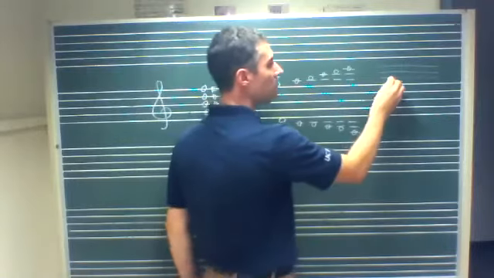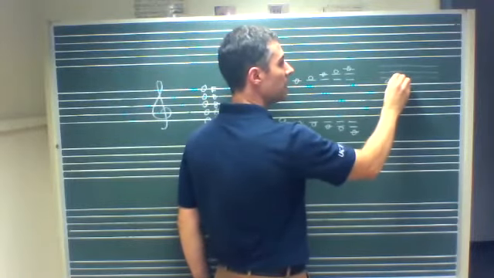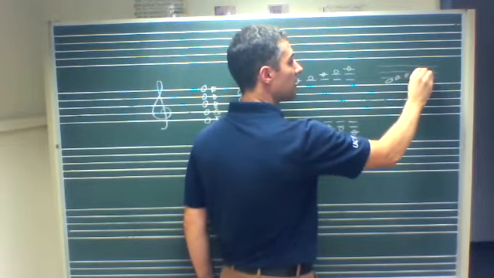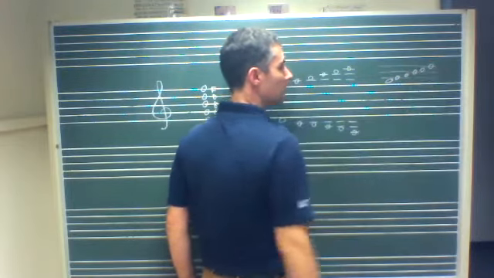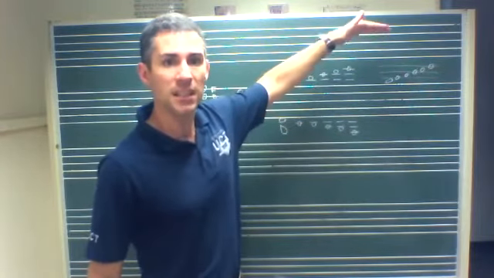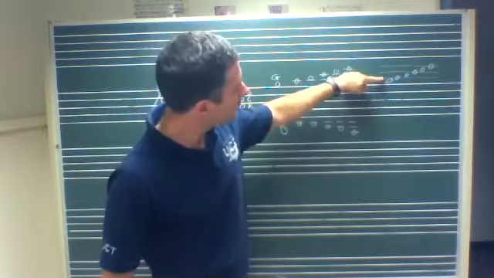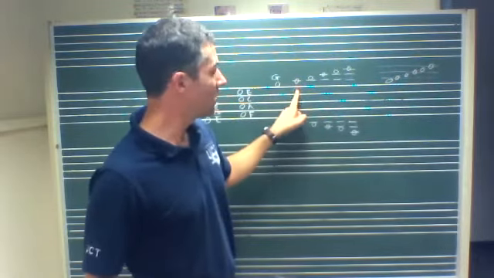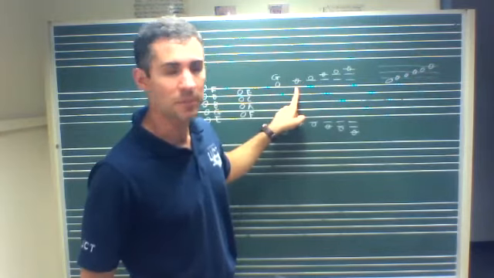You can imagine now that we've got a space here, a line here, space, line, space, line. So that's what ledger lines do. They just extend the stave up. But instead of writing long lines like this, we just limit them to the note itself.